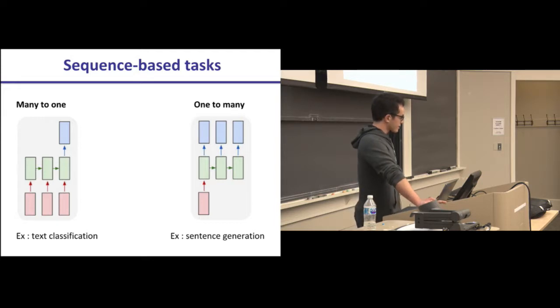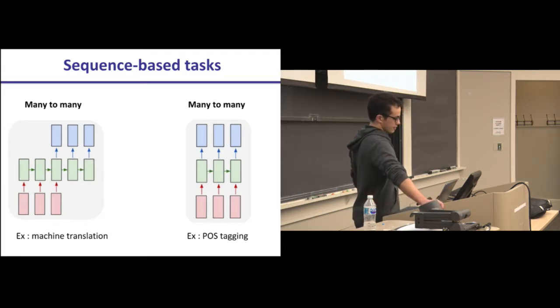So, sequence-based tasks. You've seen these diagrams in the lectures. When you're dealing with sequences, there's a lot of possibilities. You can have a sequence in input and try to have one output, like when you're doing sentiment analysis and you feed all of your sentence and you want to know the color of the text in terms of sentiment. You have the one-to-many tasks, like when you feed an image and you want to get a sequence of words that describe the image.